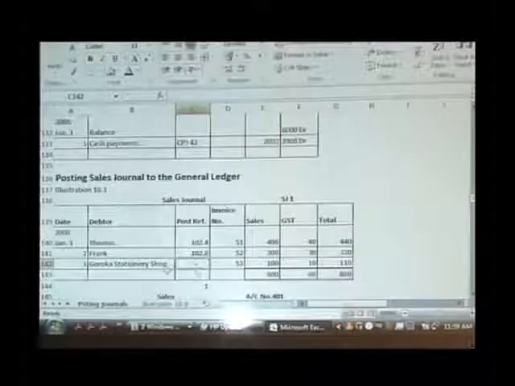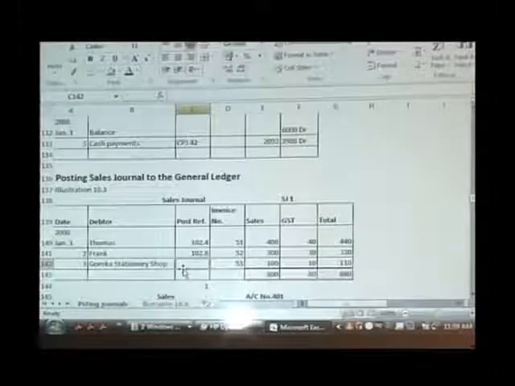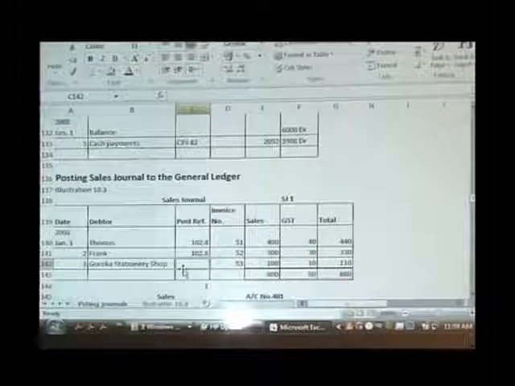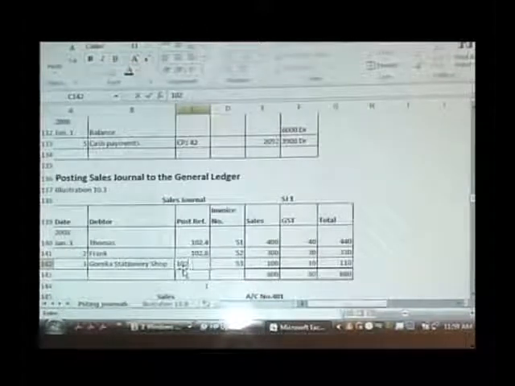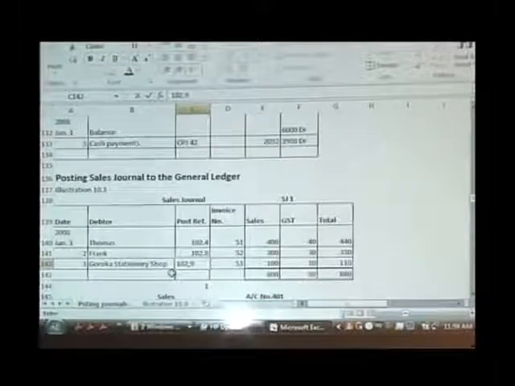Next, Guruka Stationery Shop, account number 102.9.